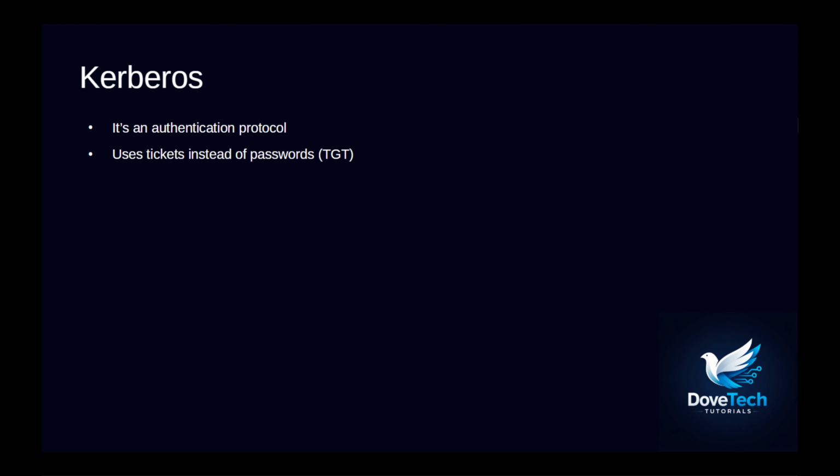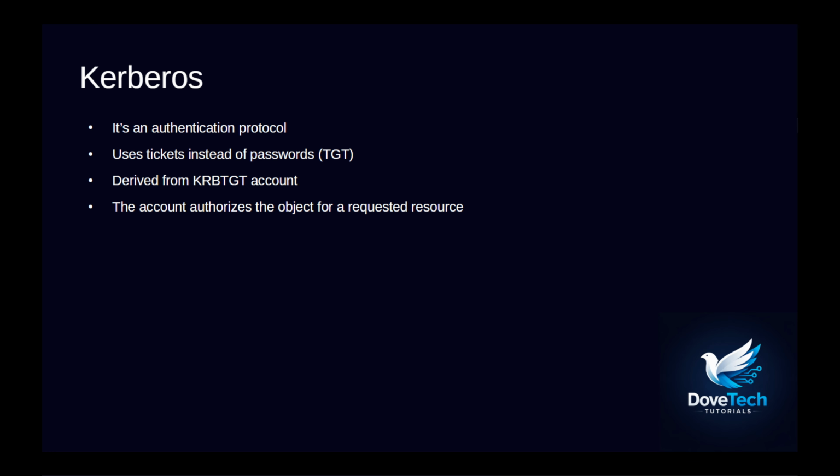Think of it as a temporary proof of identity, encrypted and signed using a key derived from the TGT account, a special built-in account whose password is the master signing key for every TGT in the domain. The client holds on to this TGT and presents it whenever it needs access to a resource. The domain controller verifies the TGT and issues a service ticket for that specific resource. The resource checks the service ticket and grants access. The user's password never travels across the network at any point in this exchange.